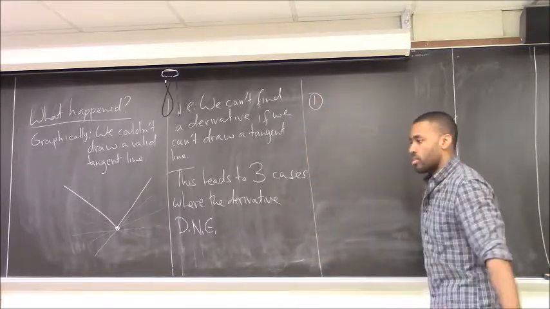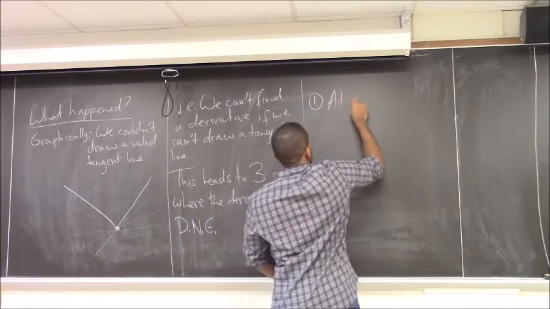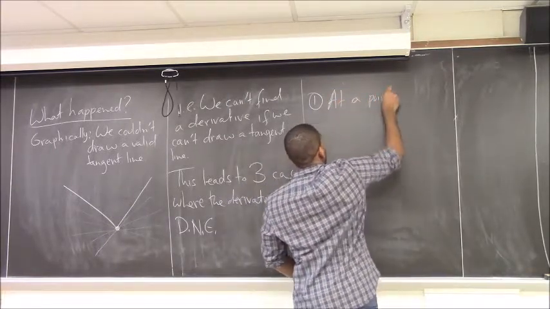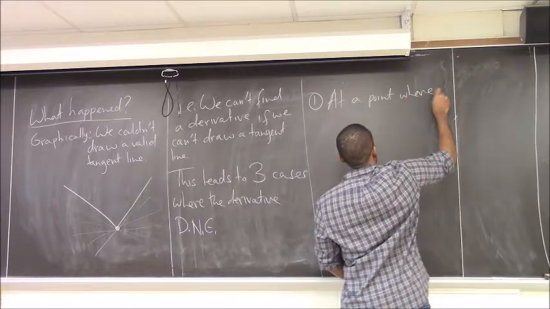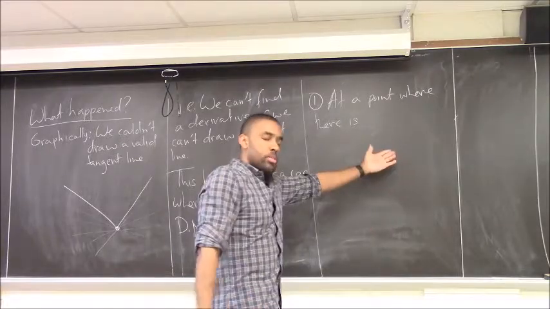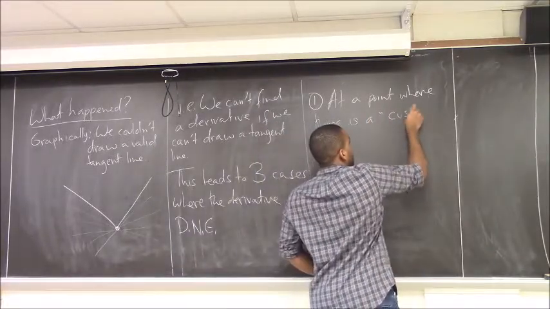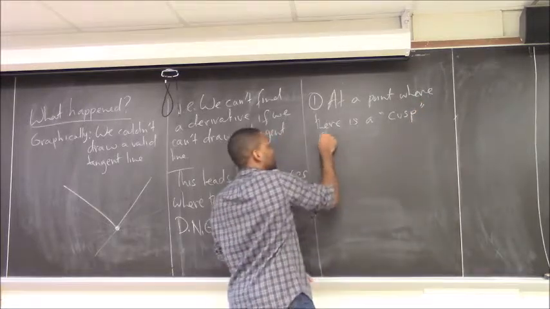Case 1, where a derivative does not exist, is at a point where there is, as we've seen with absolute value of x, a sharp corner. It's called a cusp. That's what math people call a sharp corner.